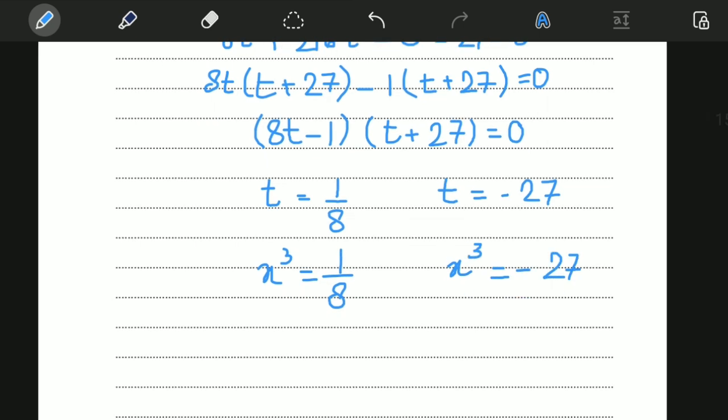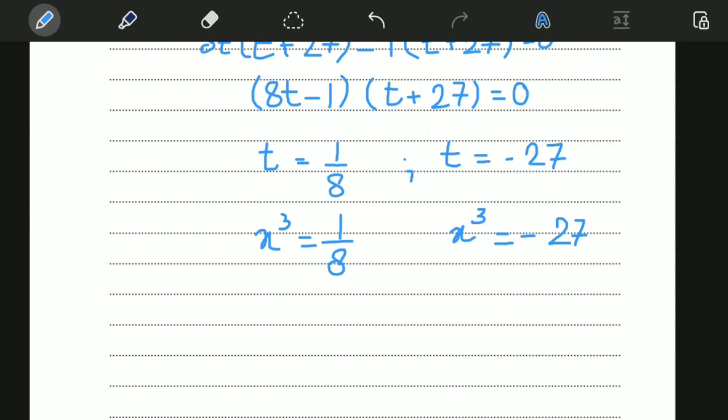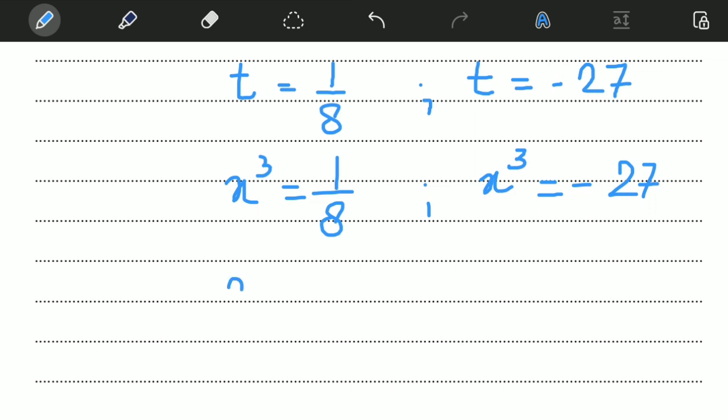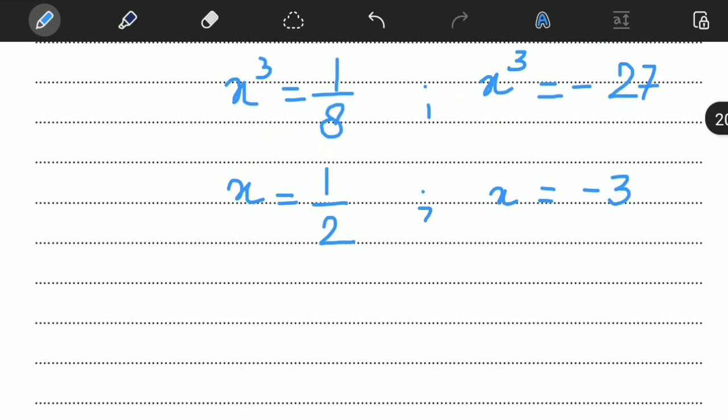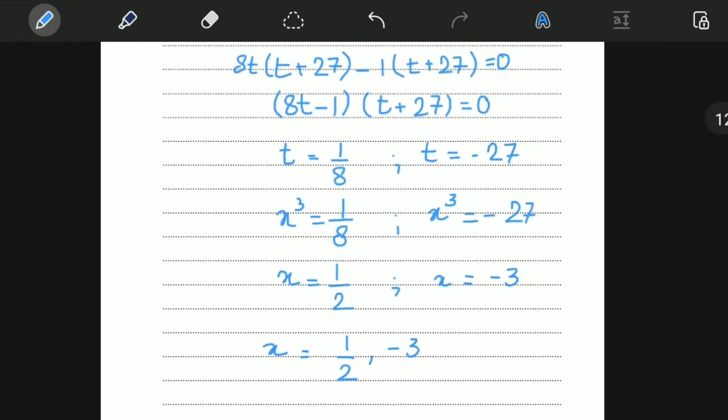Now taking cube root on both sides for both the values, it will give you x equals 1 by 2, as 2 is the cube root of 8, and x equals minus 3, as 3 is the cube root of 27. Okay, so this is it. You get two values, 1 by 2 and minus 3. So here it is solved.